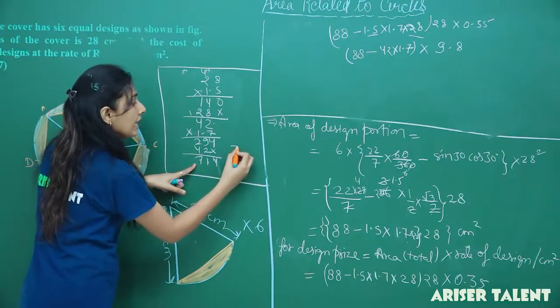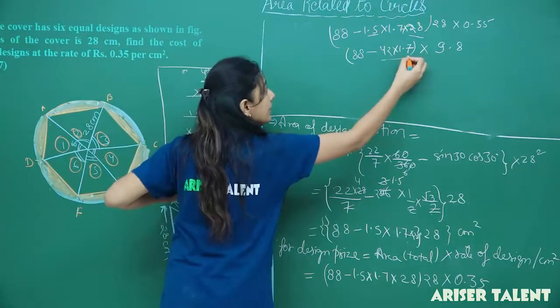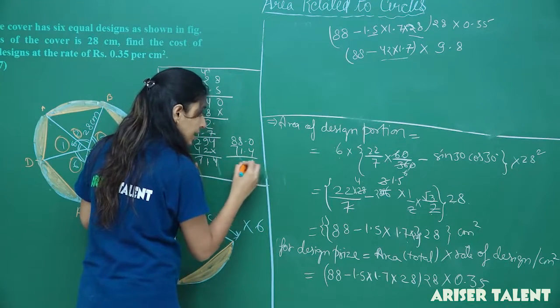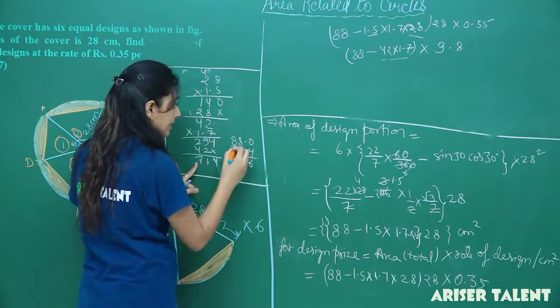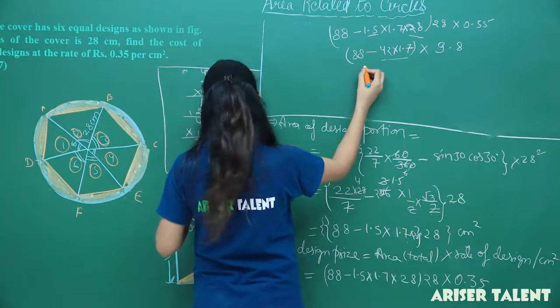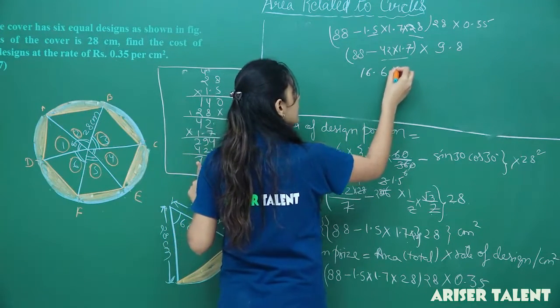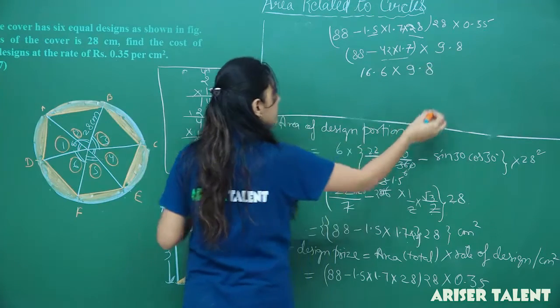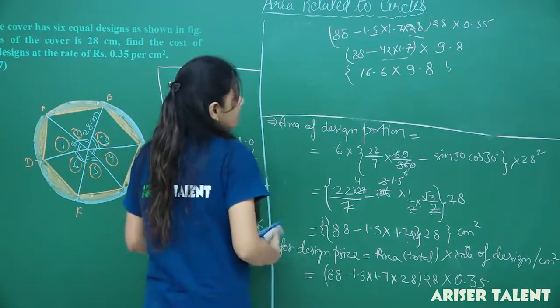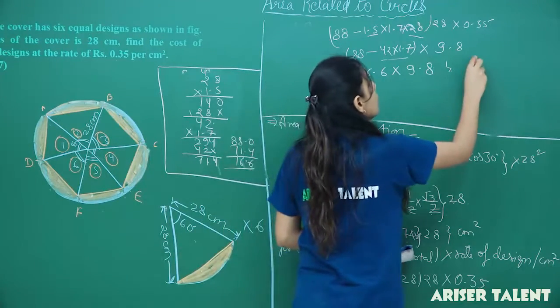So 71.4, this minus 88, this will give you what? That will be 16.8 multiplied by 9.8, rupees.